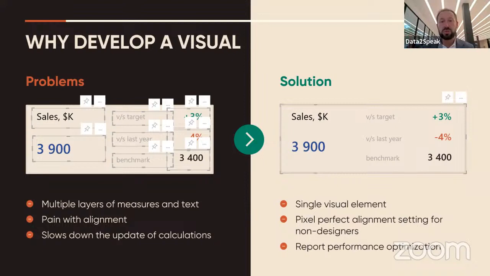This single visual element contains all these indicators inside, and we don't need to align all the labels and paddings pixel by pixel. We have parameters, and using these parameters, each developer, not being a designer, can modify and make it pixel perfect. That's the purpose of this visual element.